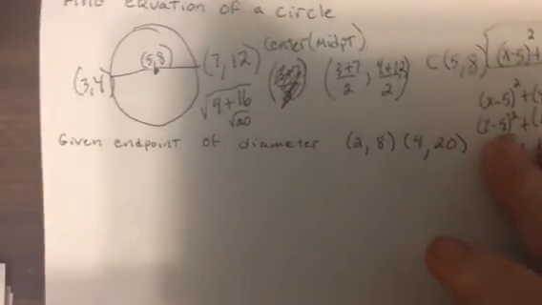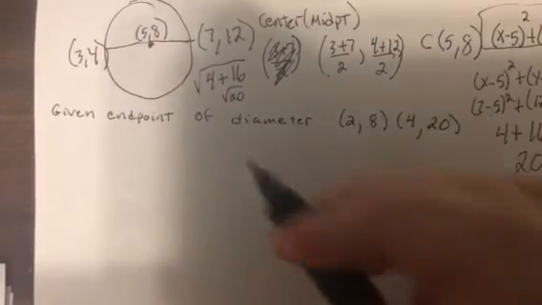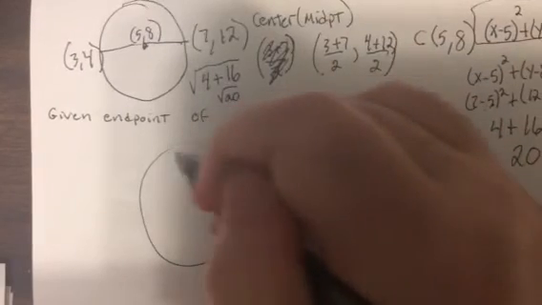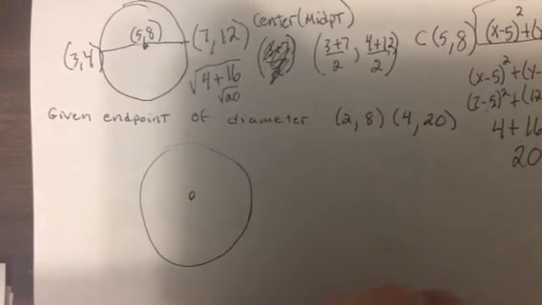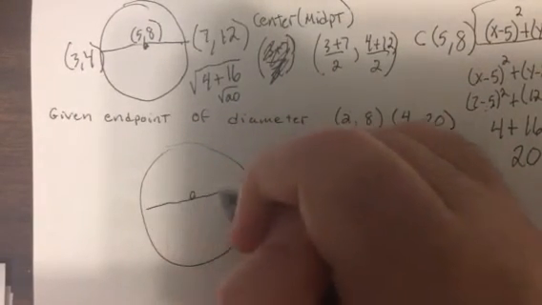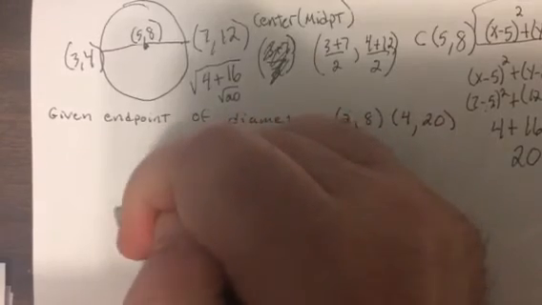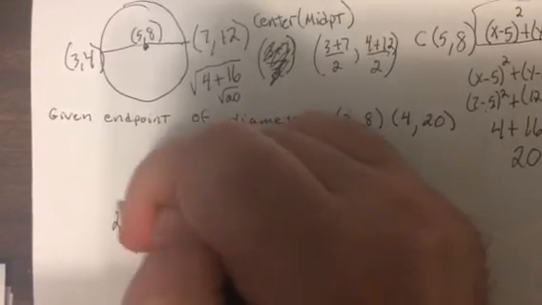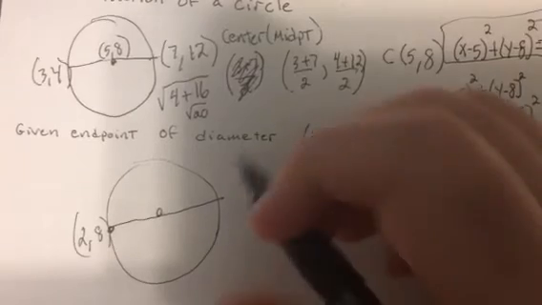So see if you can do it with this one. It's tricky. So we know that the endpoints are (2, 8) and (4, 20).